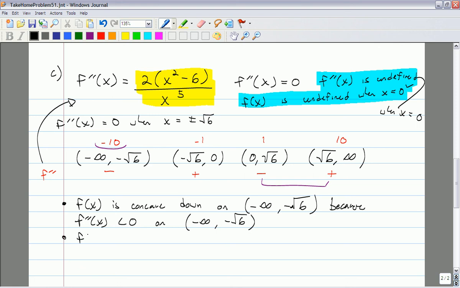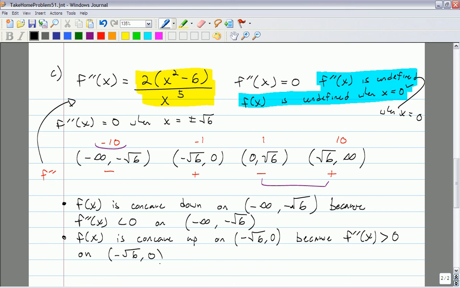Next, f of x is concave up on negative root 6 to 0 because f double prime of x is greater than 0 on negative root 6 to 0.